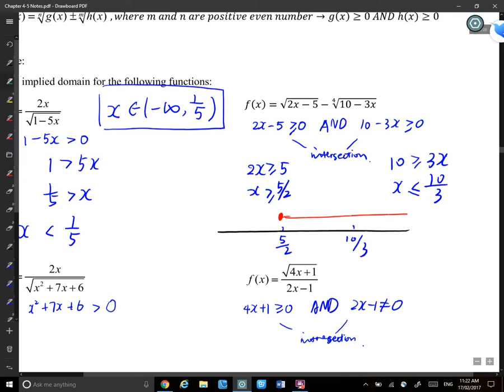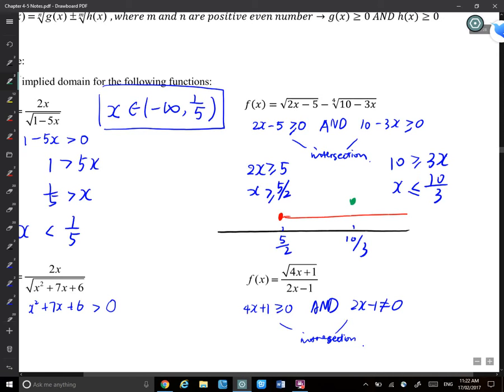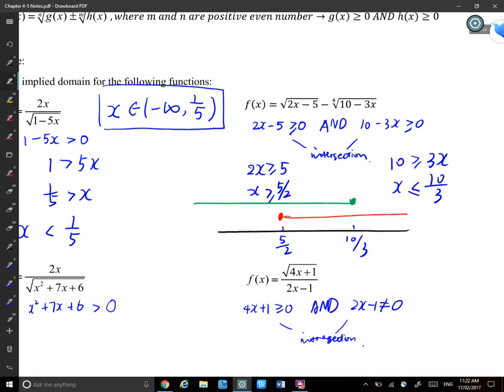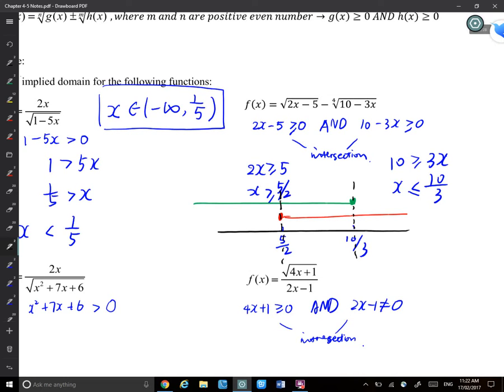I'll use green to draw the second one. The second one is x smaller than or equal to 10 over 3, so it starts from here and goes all the way to here. So what is the intersection? The intersection is the area that contains two color lines. If I draw dotted lines here, those are the stop points. Between those two values, I have two color lines.